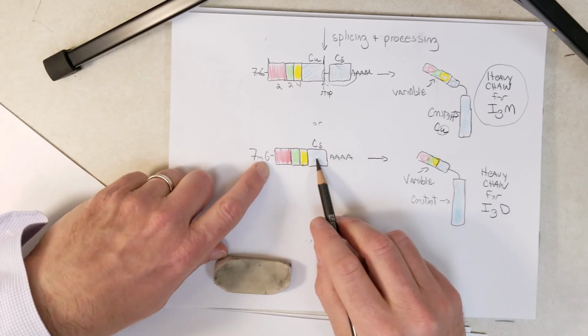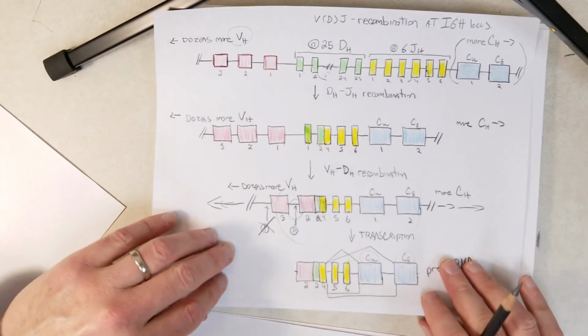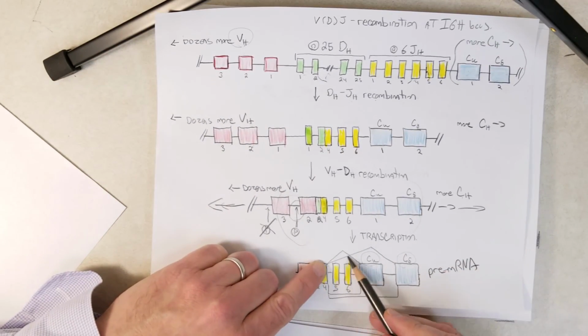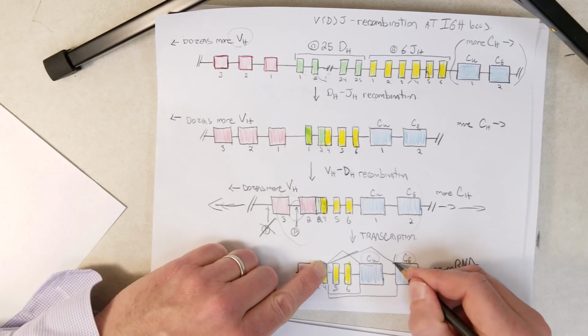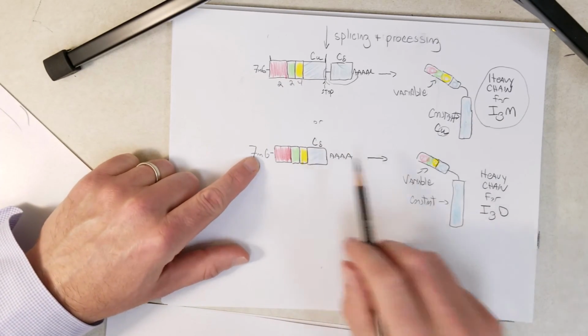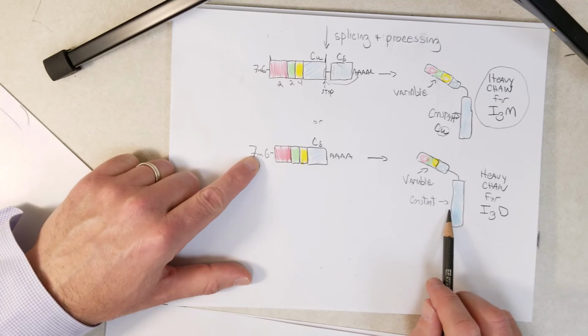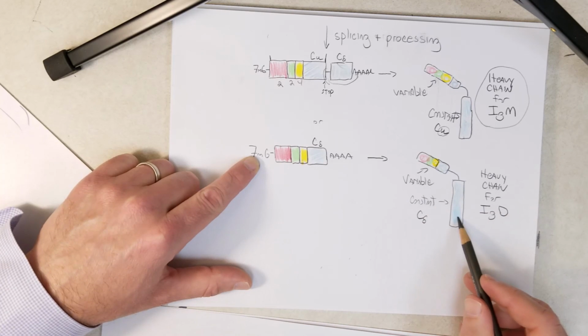And this one right here, which results if this is the 5' splice site and the 3' splice site here is used, will be translated to give us this type of heavy chain, where this is the C delta constant region.